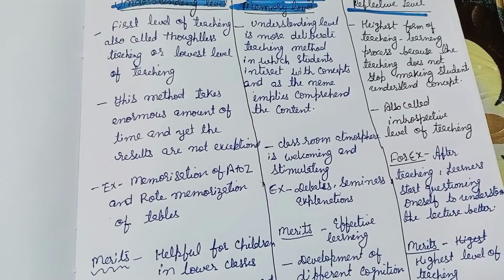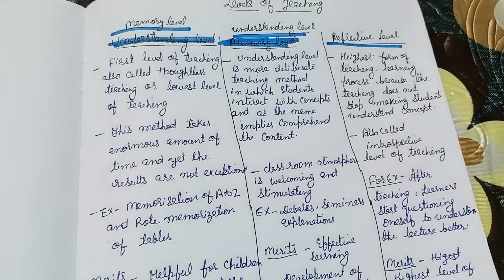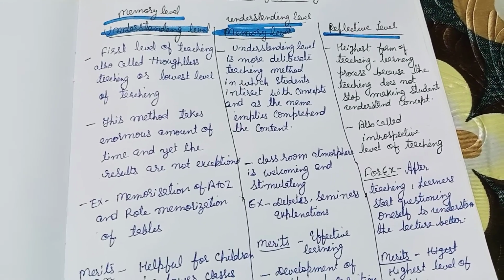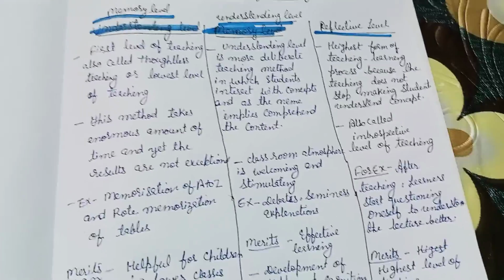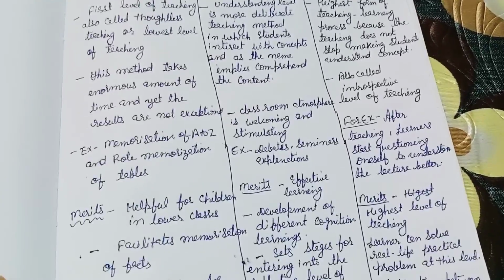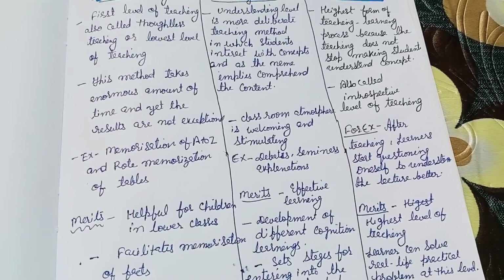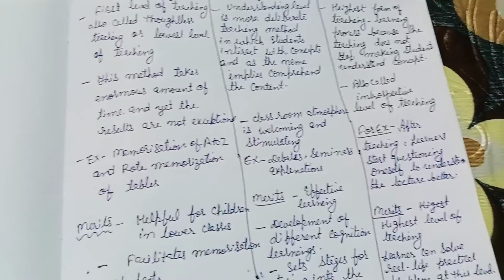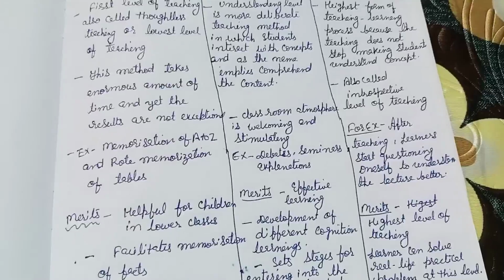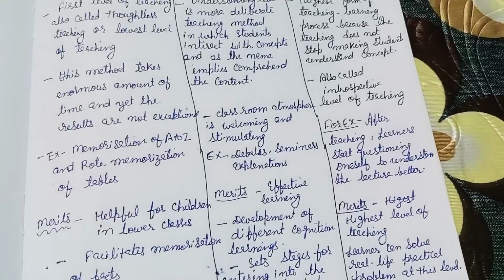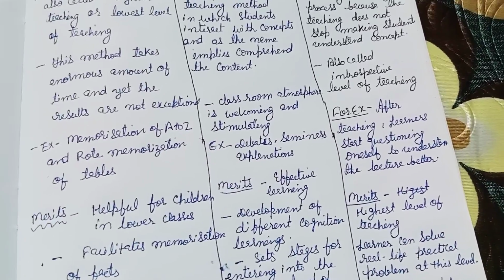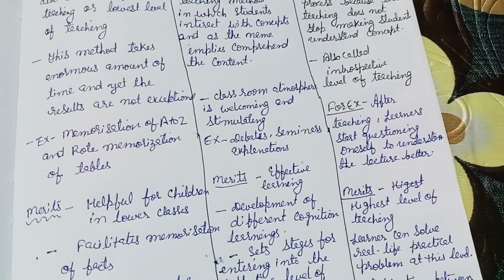Now we will discuss the merits of understanding level of teaching. This is an effective method of teaching. At this level of teaching, the learner more effectively learns and understands the concept. So this is a very effective method of teaching.